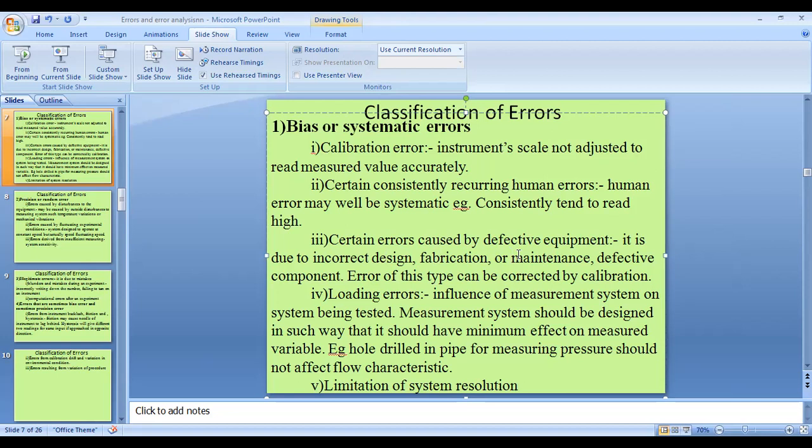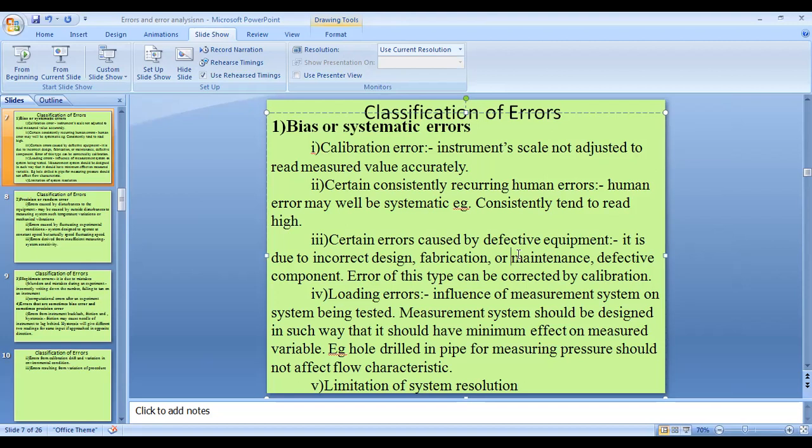Then comes loading error. What is happening is, when we test something, it gives loading. Like if you take the case of a flow measuring device.